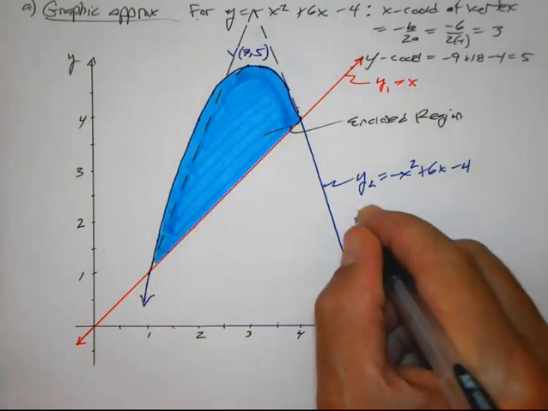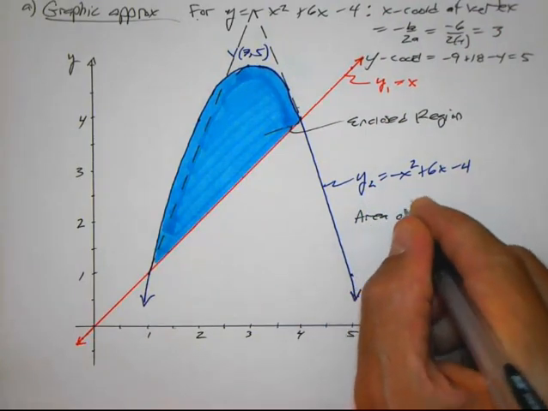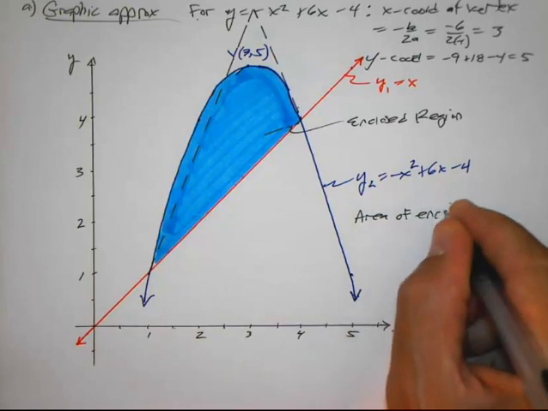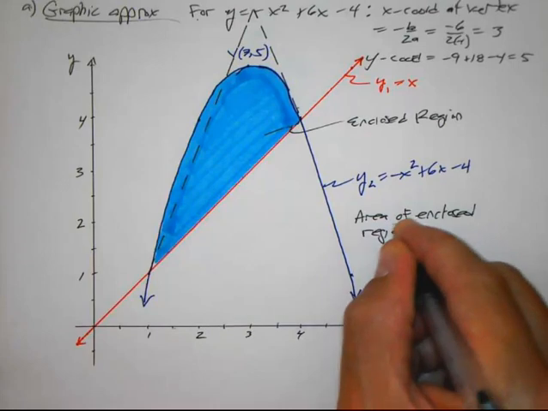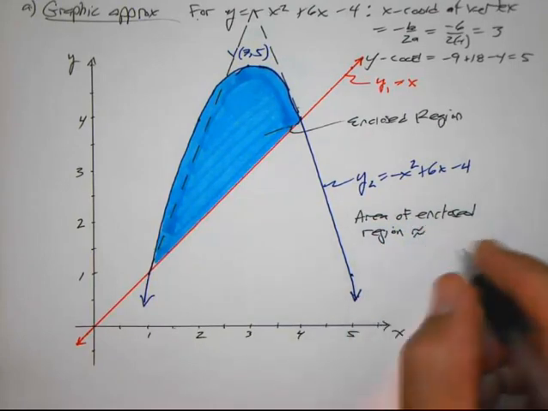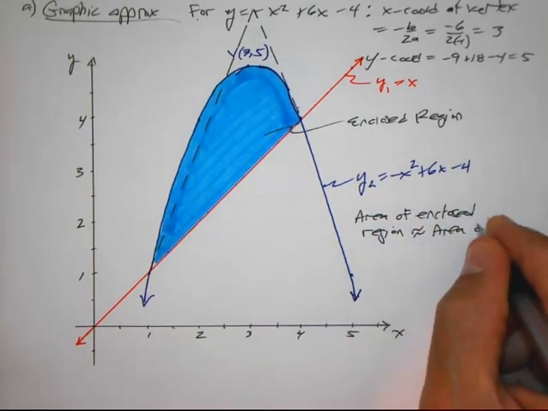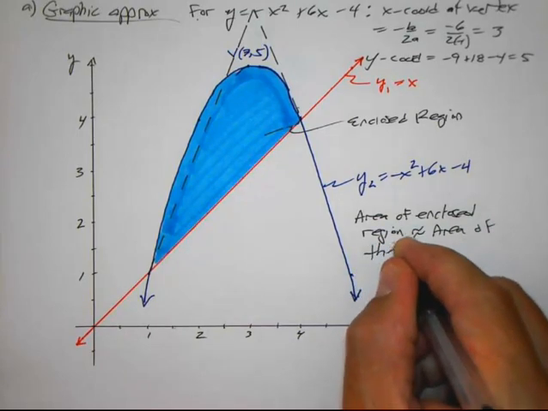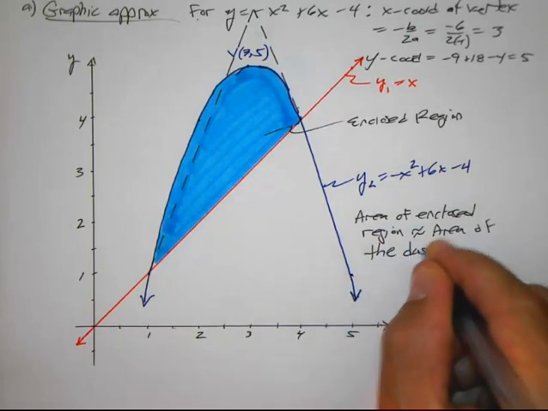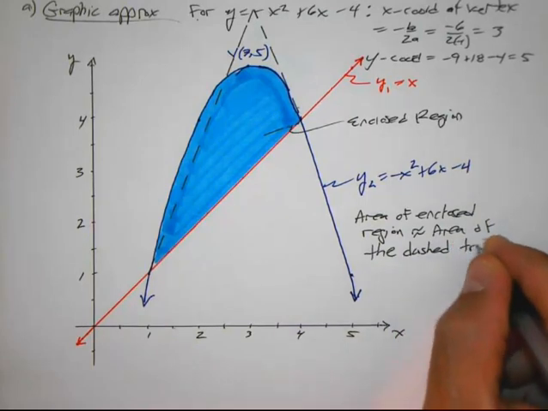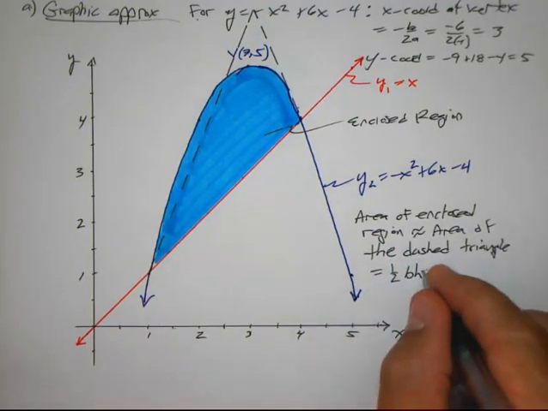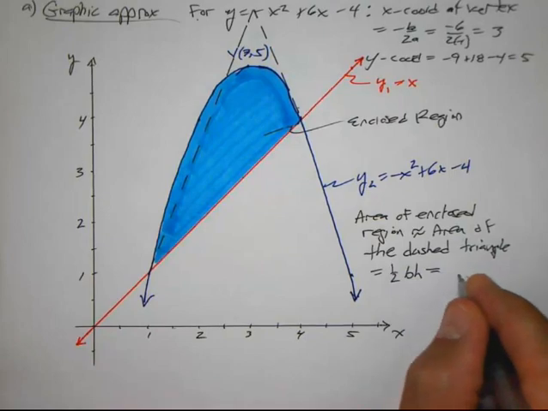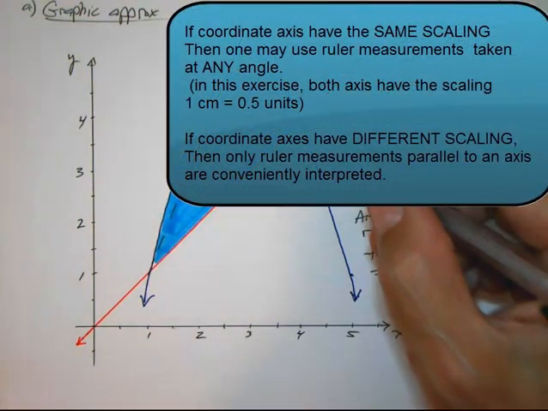I'll say the area of the enclosed region is about equal to the area of the dashed triangle, and so that should mean 1/2 base times height.